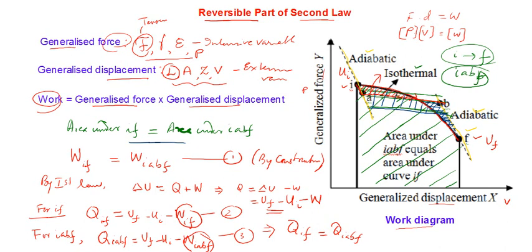You will always be able to find an equivalent zigzag path connecting the same initial and final states corresponding to any reversible smooth process.